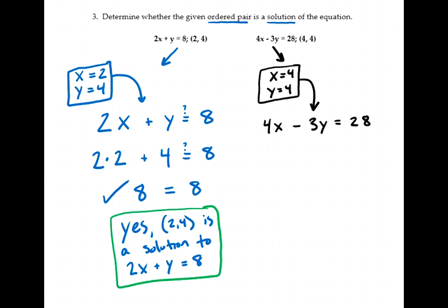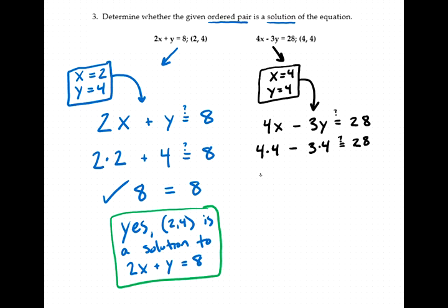Well, replace the x with the number 4 and replace the y with the number 4. So 4 times 4 instead of 4 times x, and 3 times 4 instead of 3 times y. And again, this is still a question mark. Is this equal, yes or no?